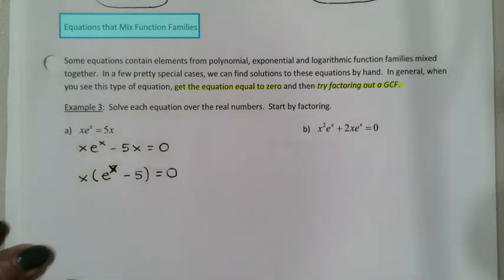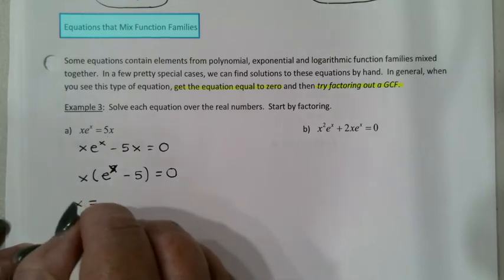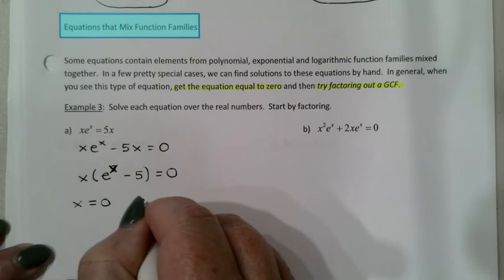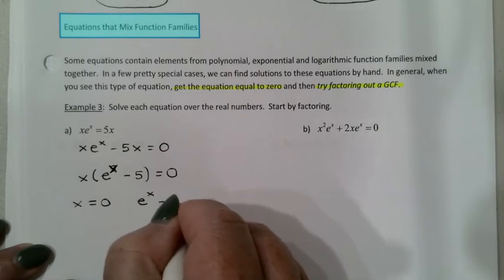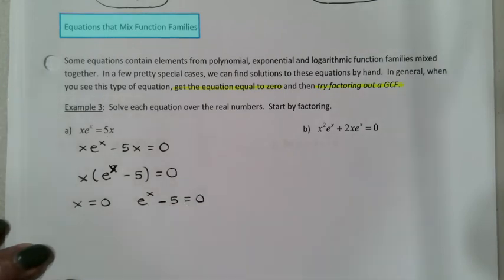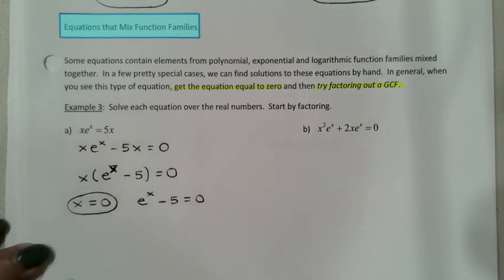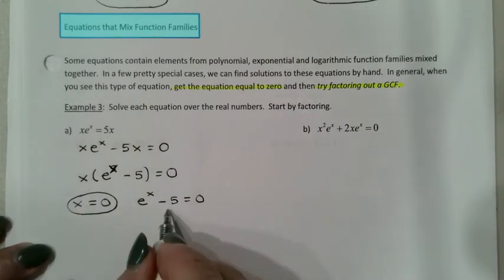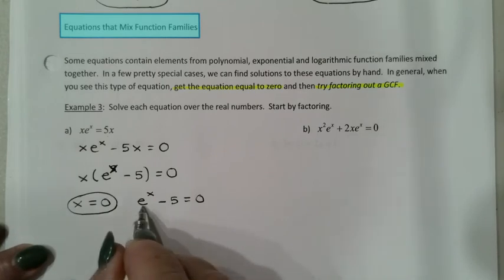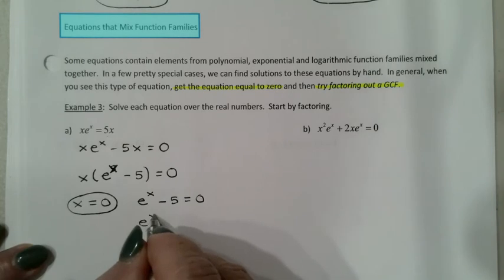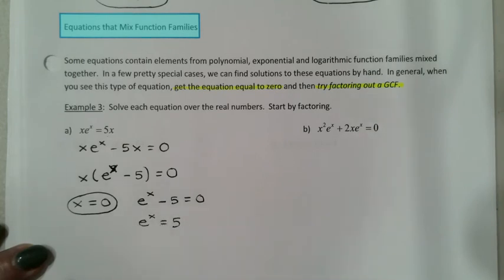Now our usual technique for solving once we've factored: set each factor equal to 0. So x equals 0, or e to the x minus 5 equals 0. x equals 0 already gives me a solution, but this is going to give me a second solution. Isolating the exponential, I would have e to the x equals 5.